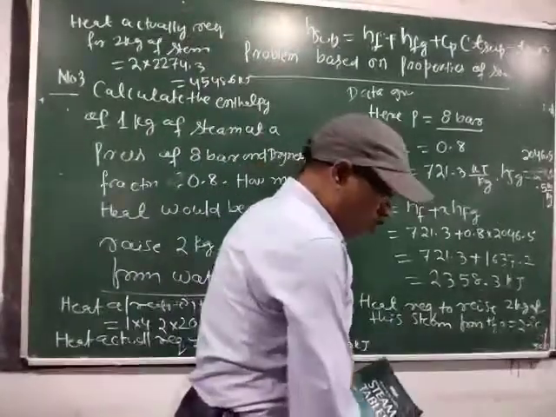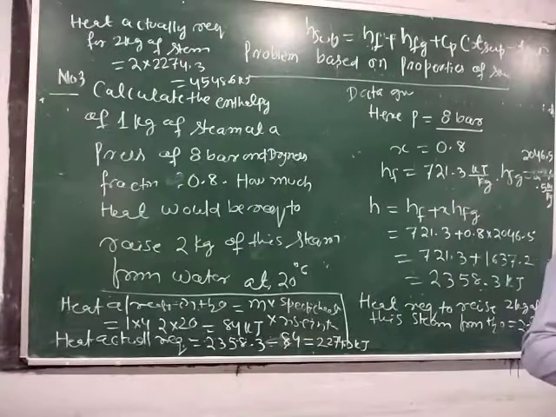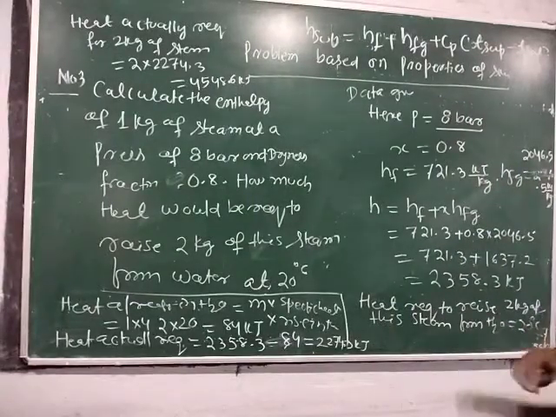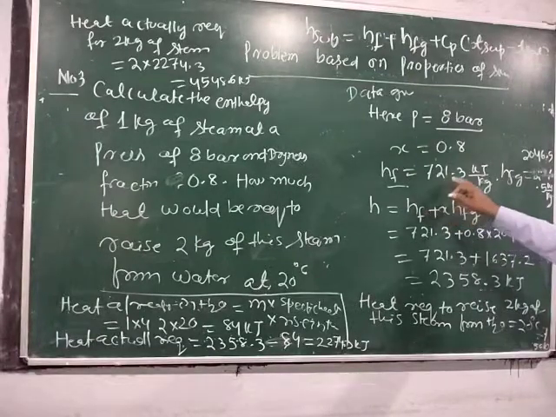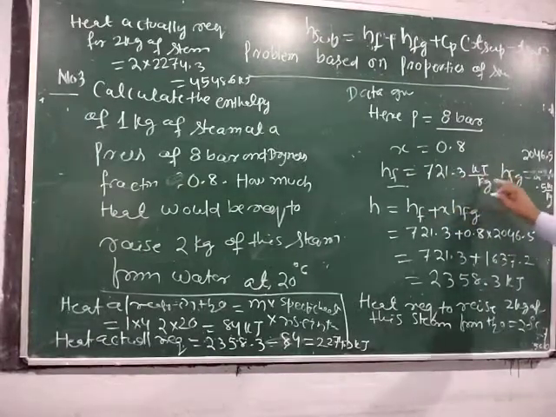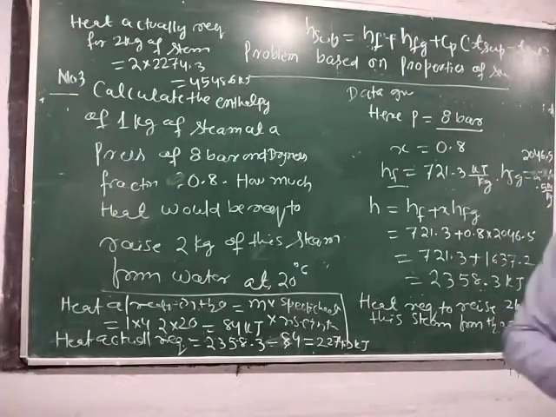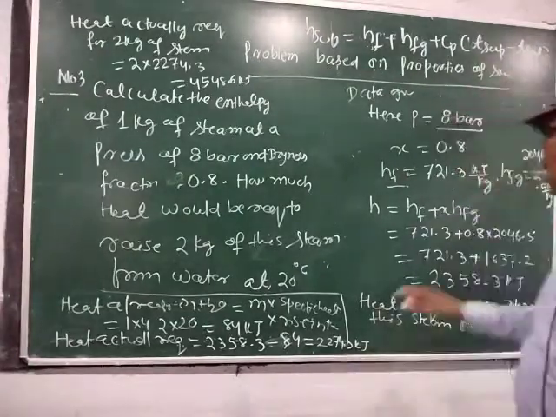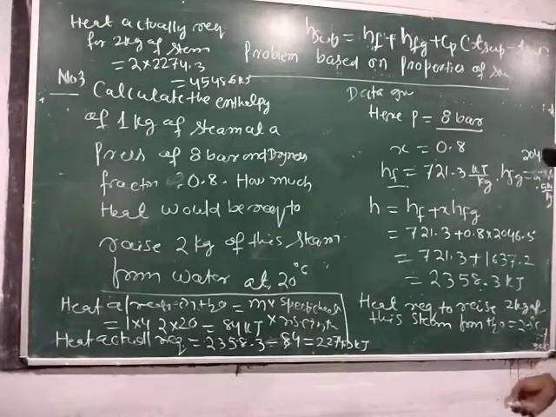From steam table, at pressure 8 bar, HF is equal to 721.3 kilojoule per kg. HFG, latent heat of vaporization, is equal to 2046.5 kilojoule per kg.